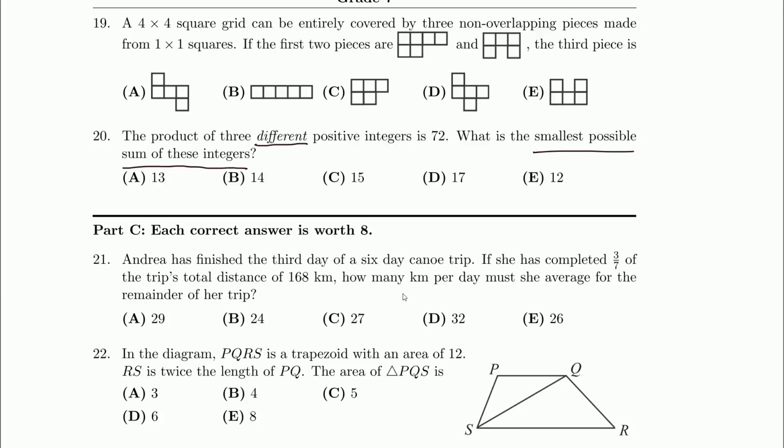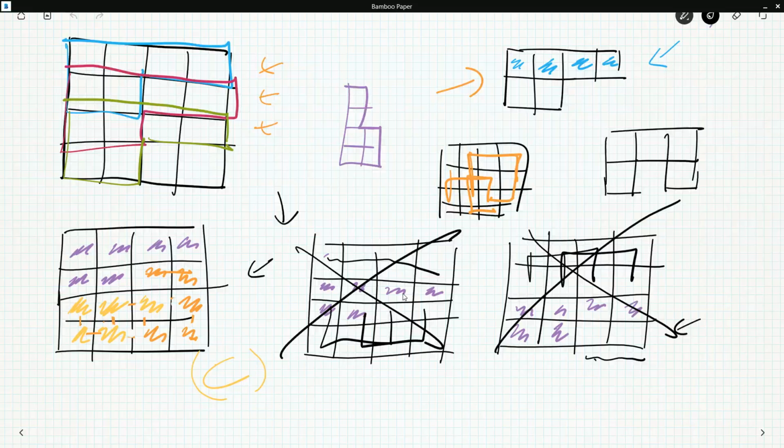I'm not entirely sure. But let's think about 72 itself. There's lots of ways to write 72 as a product of three things. We could have 1 times 2 times 36. Do we really want to write out all the possibilities? 1 times 8 times 9.